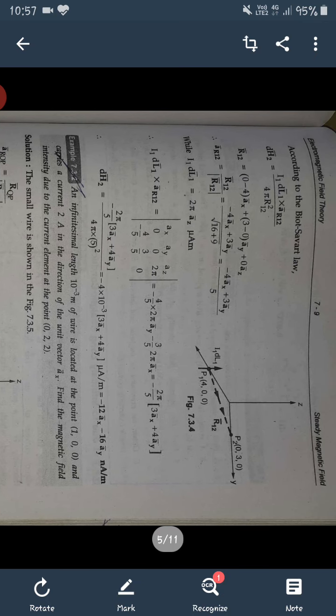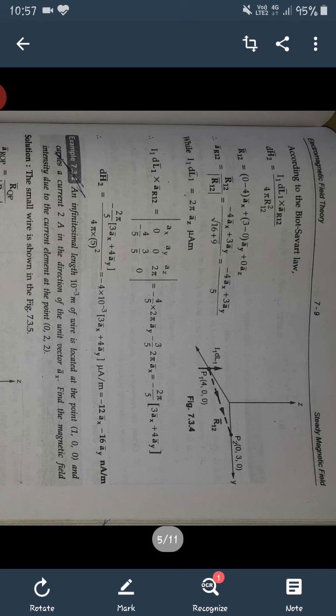What is the problem? Find the incremental field strength at P2 due to the current element of 2 pi az at P1. The coordinates are given as P1 is (4,0,0), P2 is (0,3,0). So we are finding the magnetic field intensity at P2. Therefore dH2 will be equal to I1 dl1 cross aR12 divided by 4 pi R12 squared.